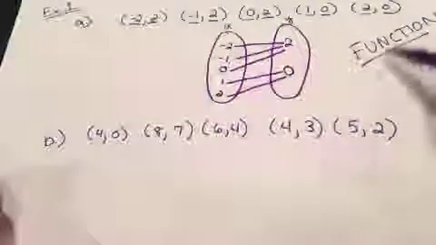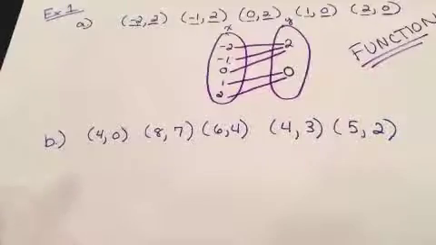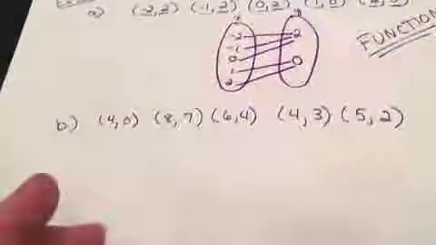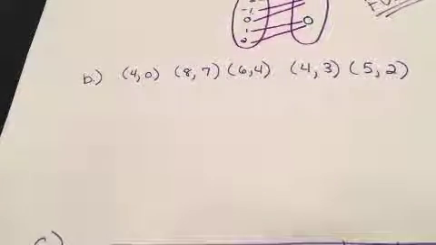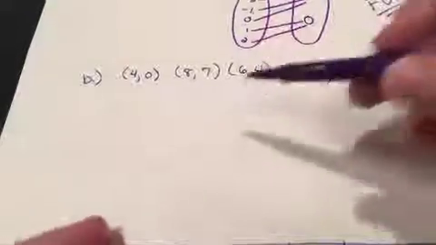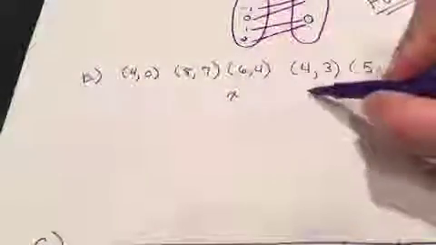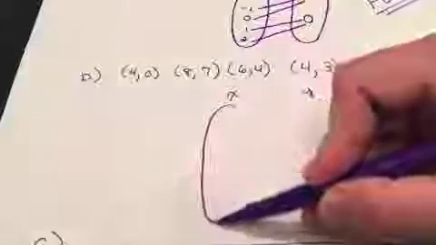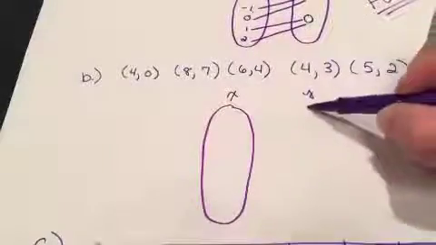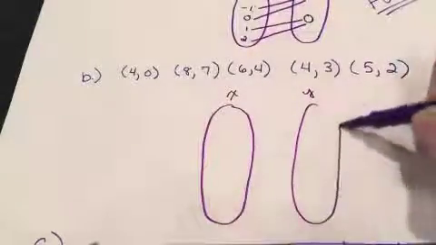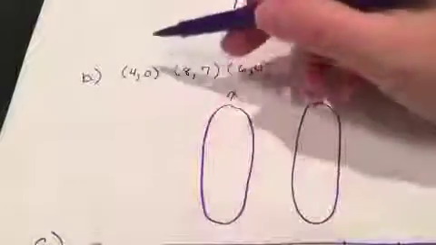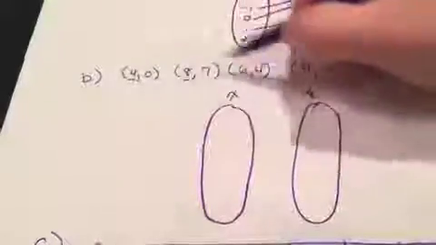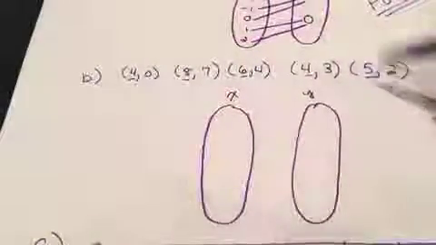This is a function. If we take a look at the second example here, I'm going to just move this down a little, and we're going to draw the same type of mapping. So we have our x and our y. And we're going to put in our x values, right? 4, 8, 6, 4, and 5.